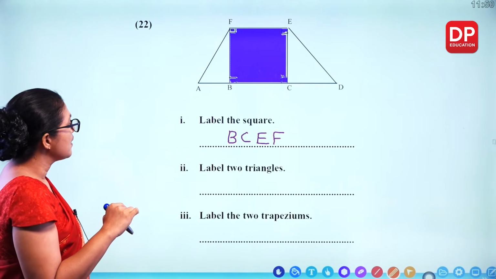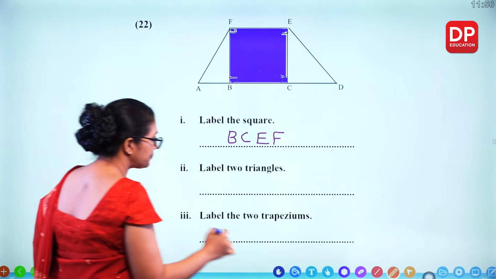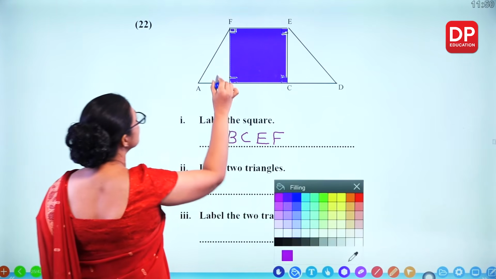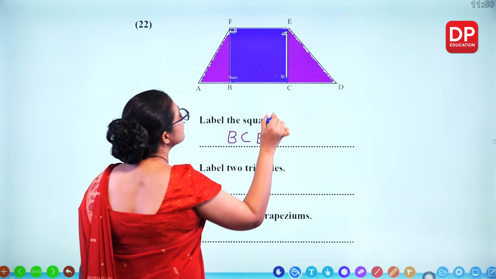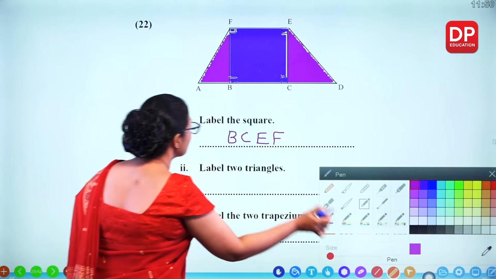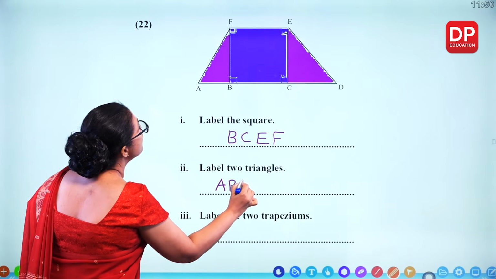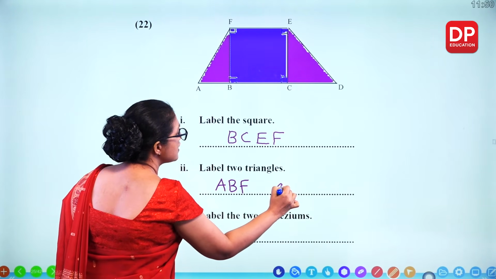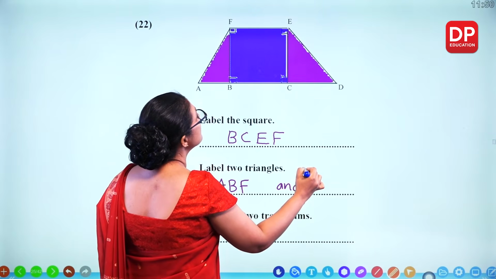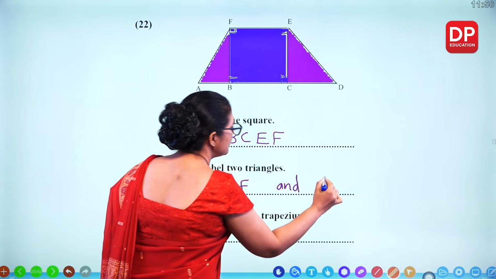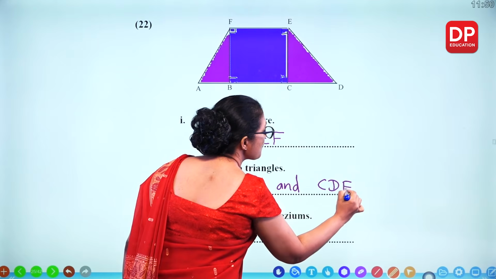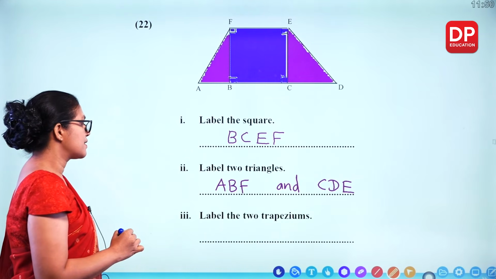Label 2 triangles. ABF, and what's the other triangle? CDE. Those are the 2 triangles.